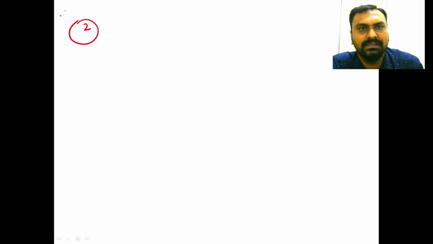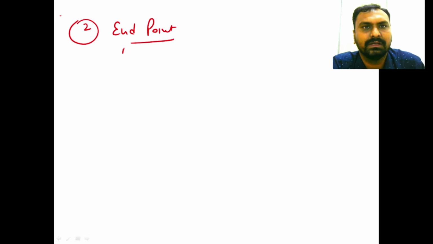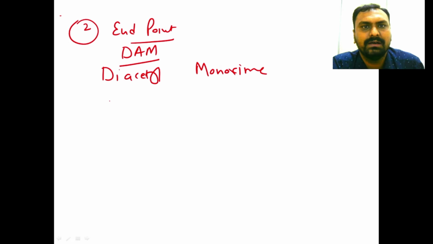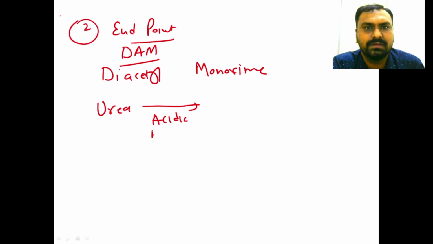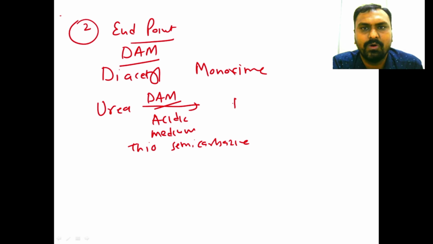Now the second method is again an endpoint method, called the DAM method, diacetyl monoxide. Urea in the presence of acidic medium and thiosemicarbazide reacts with the diacetyl monoxide reagent to form a pink color complex.